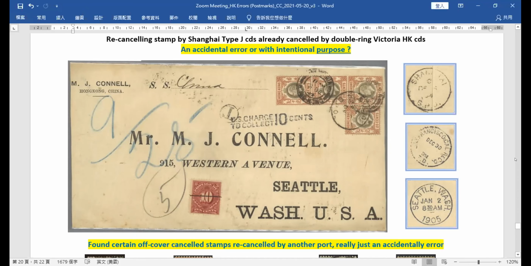Therefore, they will recount all the things together with Hong Kong in order to ensure that this tax letter is duly noted by the US PO. They will enter it separately, and the clerk reapplies the Shanghai BPO CDS on the front in order to evidence he had done the job. That is my suggestion. I don't know how you guys are thinking.